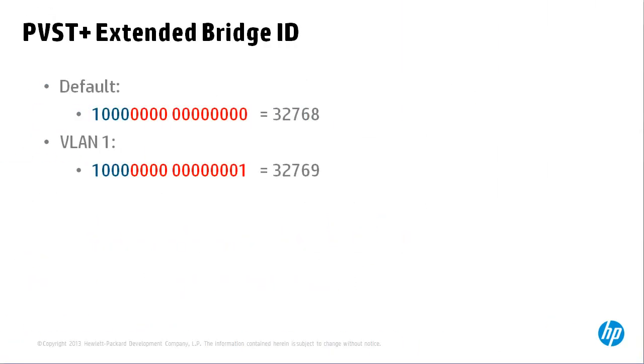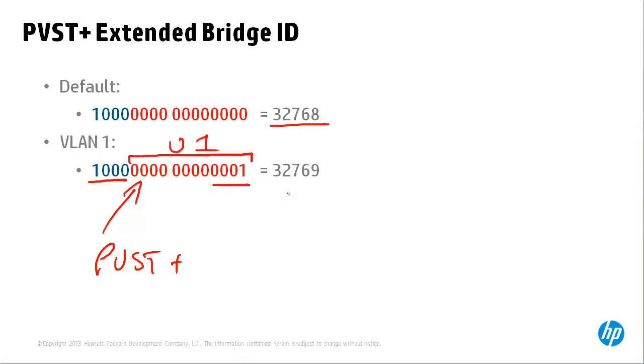So on HP switches, the default priority is 32768. On Cisco switches, when running PVST+, the switch priority is equal to the priority plus the VLAN number. So for VLAN 1, the priority is equal to 32769.